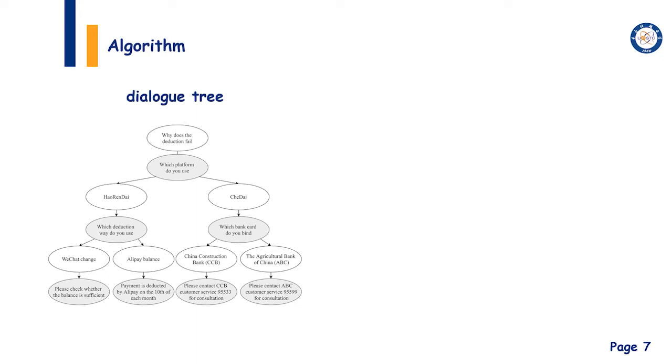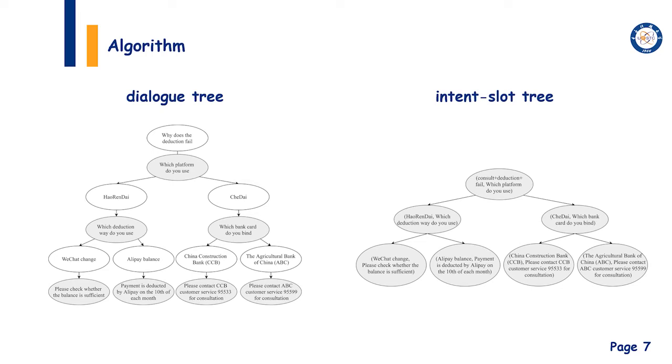For each dialogue tree, we construct a corresponding intent slot tree. It can be seen from the picture. The main process is to form the semantic slot value of the user utterance of the white node and the robot utterance of the gray child node into a 2-tuple and create the corresponding node.